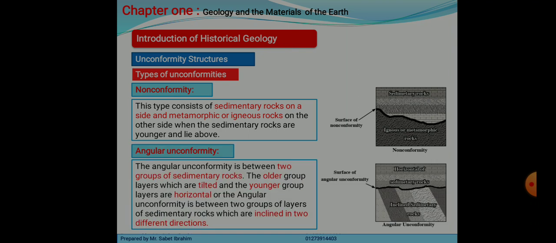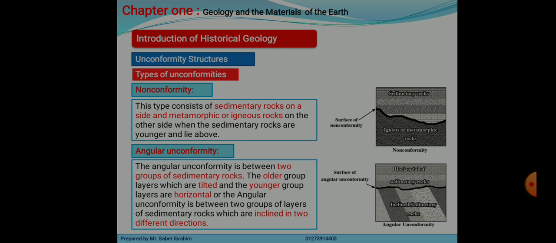Number two, angular unconformity. Angular unconformity is between two groups of sedimentary rocks. The older group layers are tilted, and the younger group layers are horizontal, or the angular unconformity is between two groups of layers of sedimentary rocks which are inclined in two different directions.